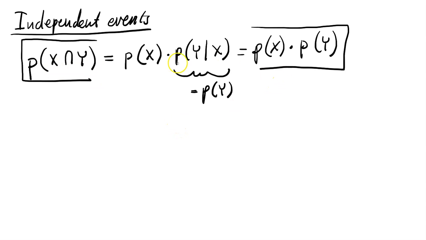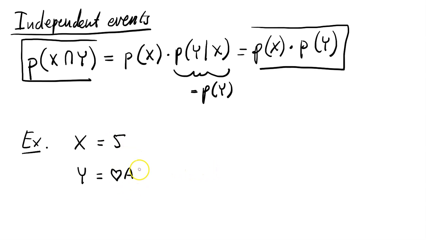So if the two events are independent, we can just multiply the probabilities for the two events separately. For example, if we throw a die, let's get a 5 on a die, and the event is getting an ace of hearts when we draw a card from a deck.